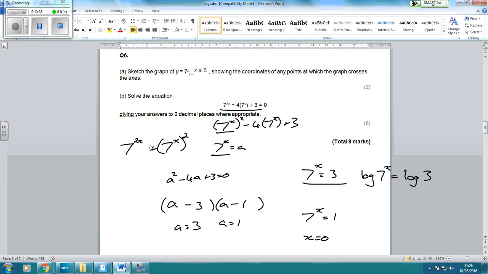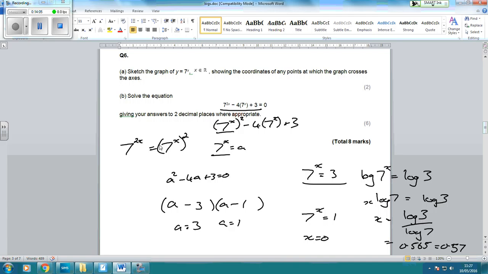You then bring the x down, so it's going to be x log 7 equals log 3. X equals log 3 divided by log 7, which equals 0.565, or it says 2 decimal places, so 0.57.